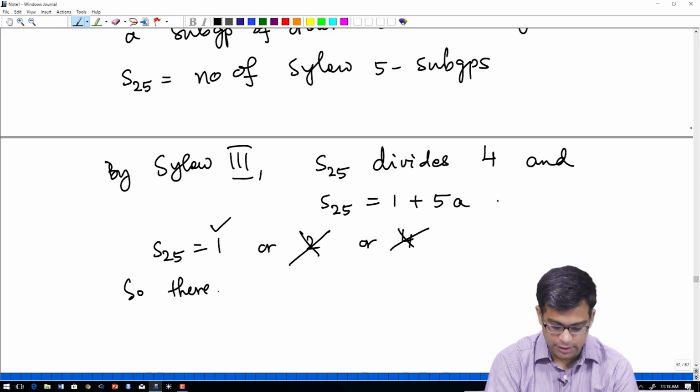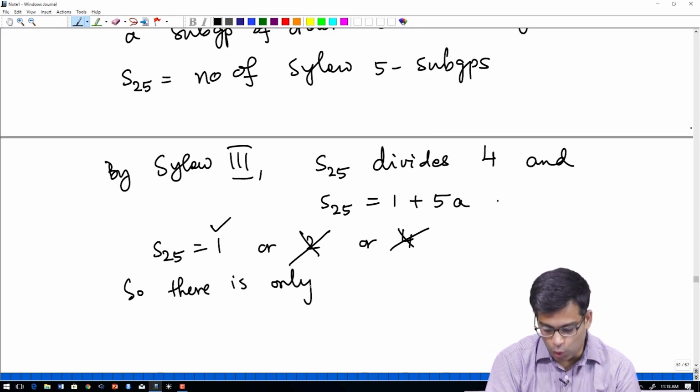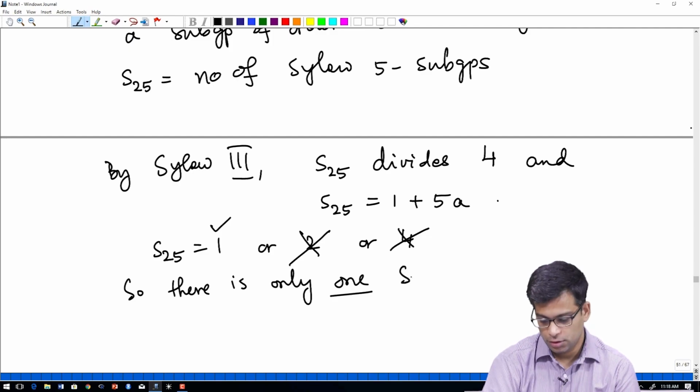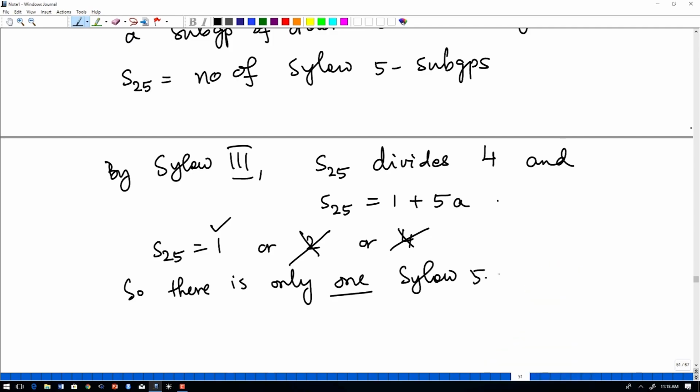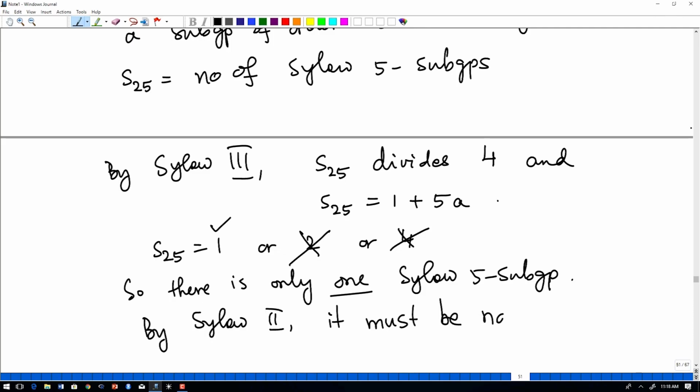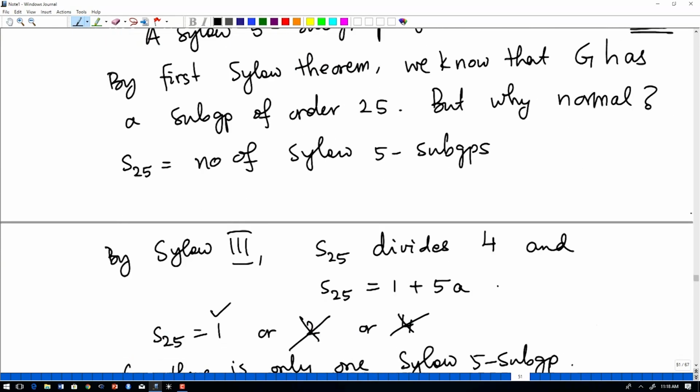So there is only one Sylow 5 subgroup, and by Sylow 2 it must be normal. So, that solves the problem.